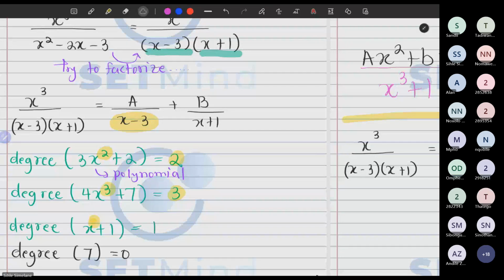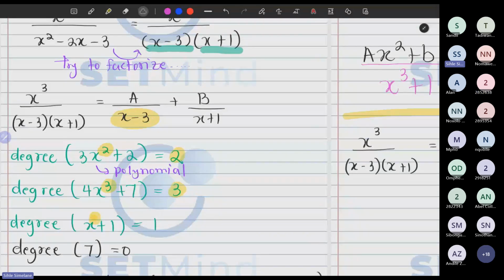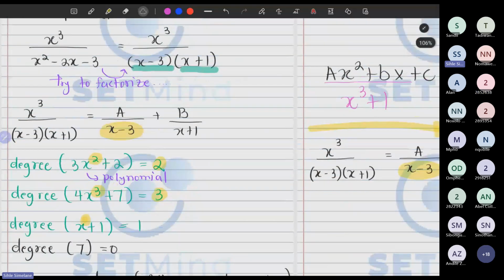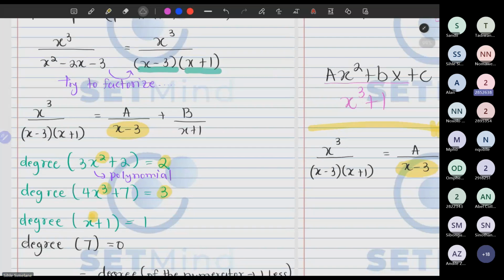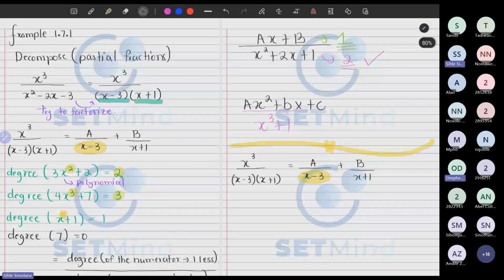Degree 1. And then we said the numerator should always have a degree, which is what? 1 less than the denominator. So a, which is a constant, has degree 0. So that's why it is there. Okay, does it make sense? Yes. We'll see examples as they come.